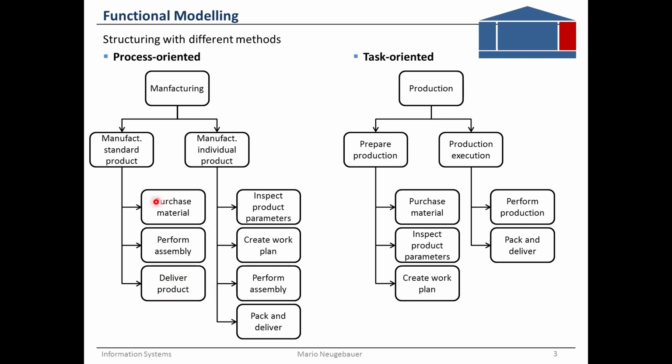So three different kinds of functions actually: purchasing, production, and outbound logistics, but you aggregate them here in this function for manufacturing the standard product. And then you see that you have this kind of process view here. You follow the functions and therewith you realize the process.